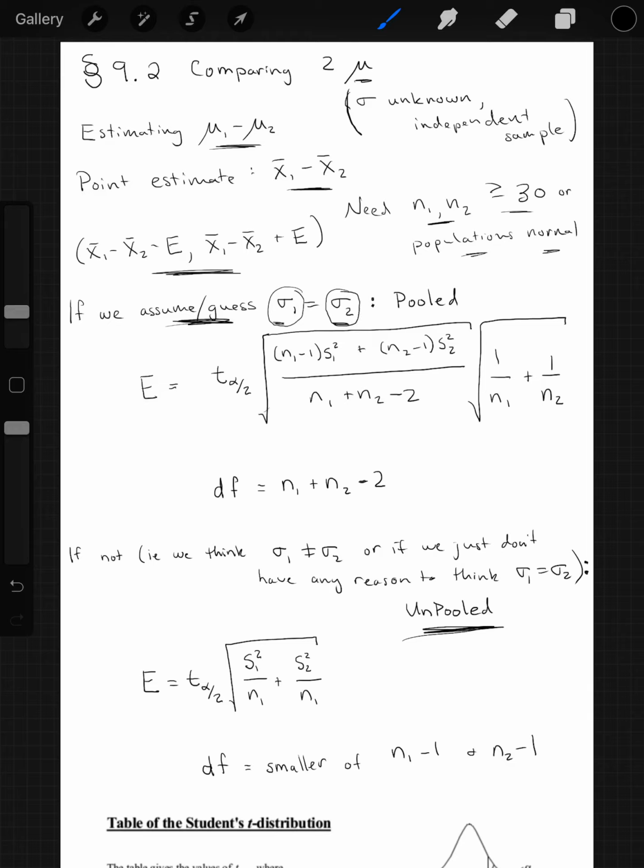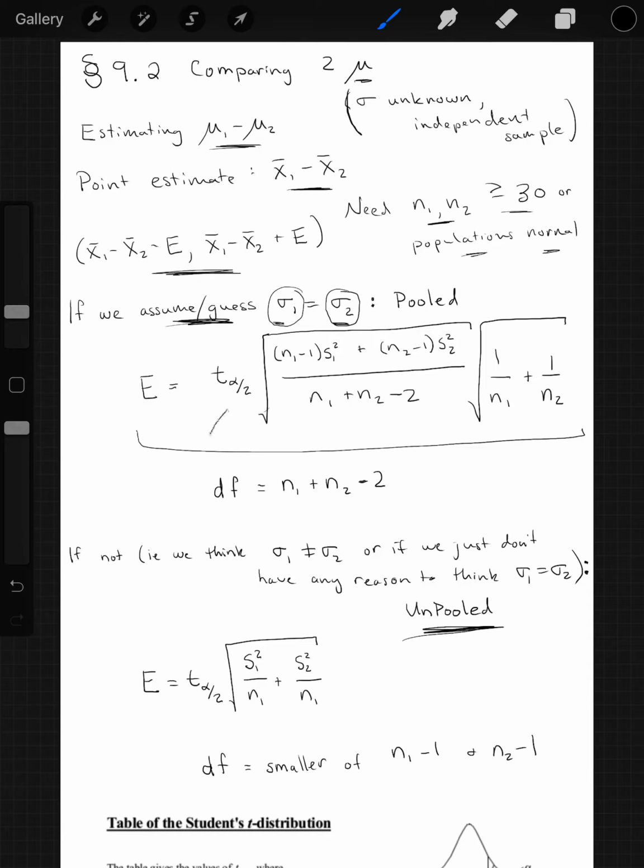If we have some reason to believe, if we have evidence to assume, if we have a reason to make a guess, then we're going to do what's called pooled. And when we're in that situation, we have this formula for E, right? Same one that's in the book.